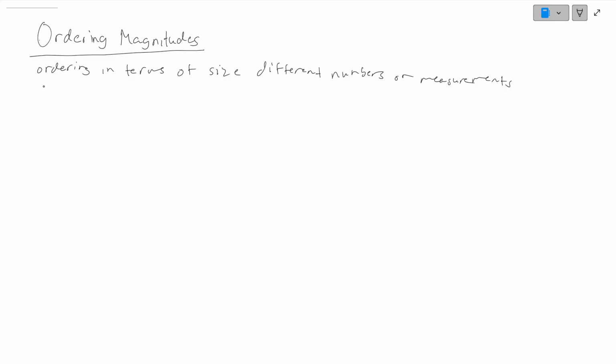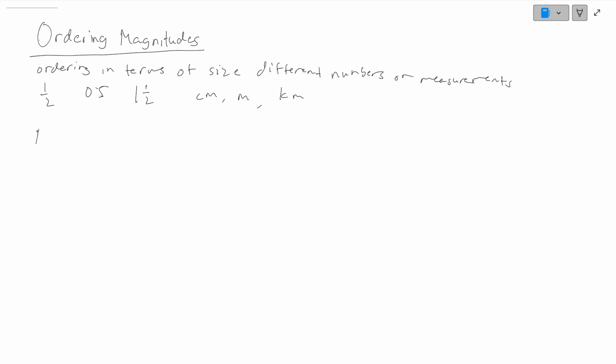So for example, some can be fractions, some can be decimals, some can be mixed numbers, and for measurements, some can be in centimeters, some can be in meters, some can be in kilometers, and we're gonna compare them and order them in terms of size.